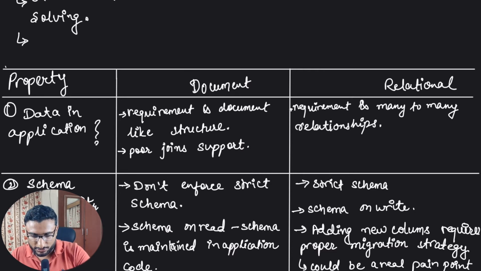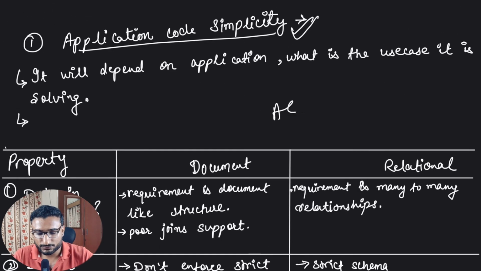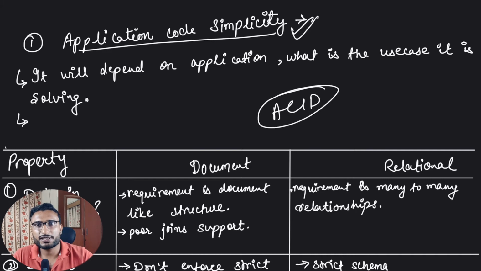So that's the kind of code simplicity you are getting when you are using NoSQL. Okay, so this is the table, data in application. So first is data in application, like what kind of data, let's say what is the use case you are solving. Okay, I think one thing missing in these parameters is around ACID properties. So that is again a more important parameter.